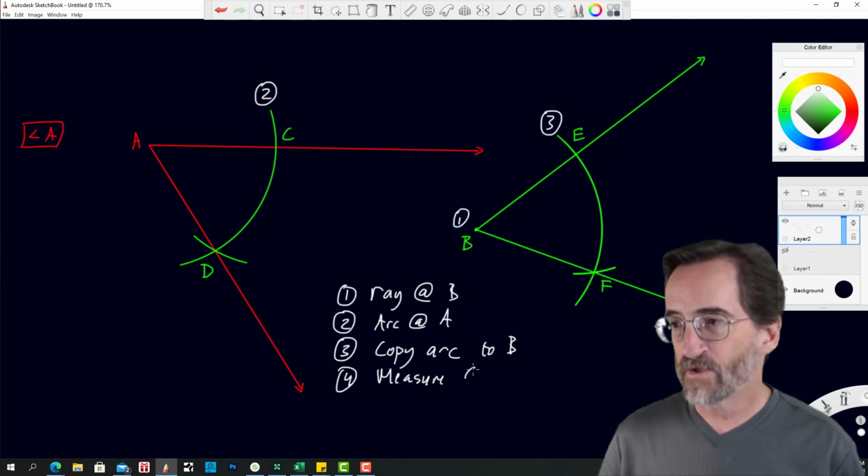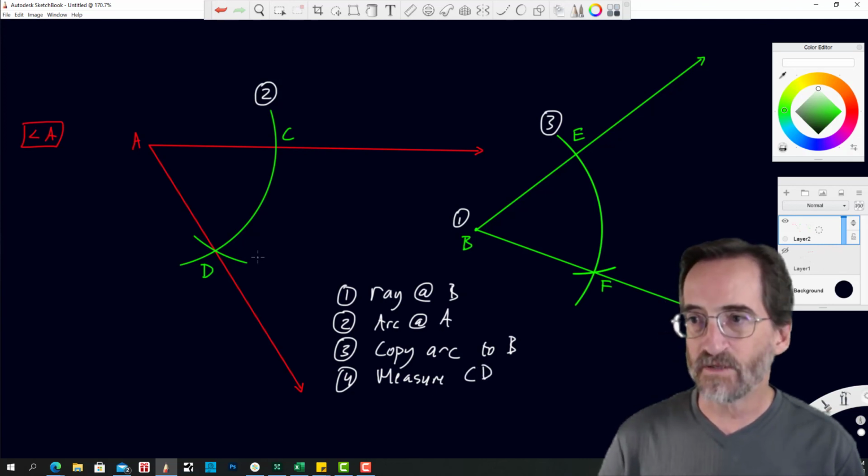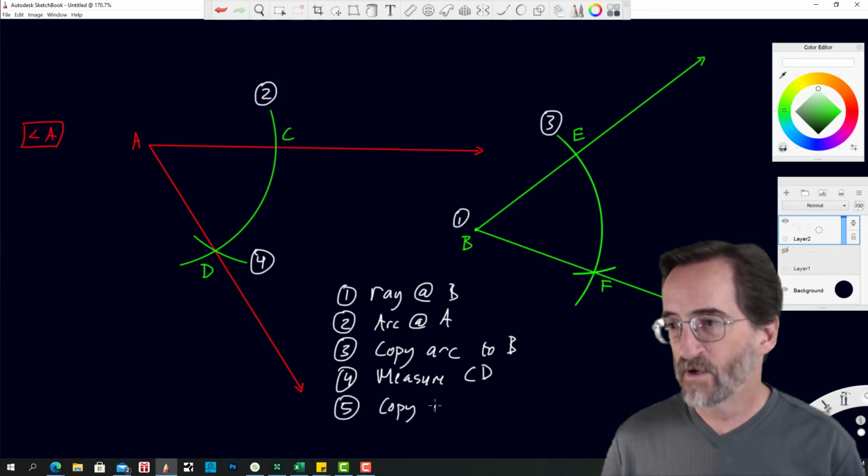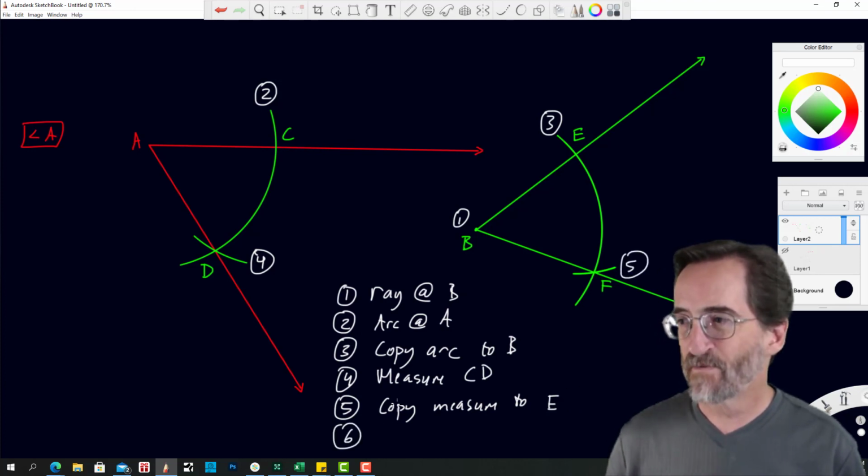We measured the distance between C and D. Step 5, we copied the measure to E, and that determined F. And finally, step 6, we drew ray BF.